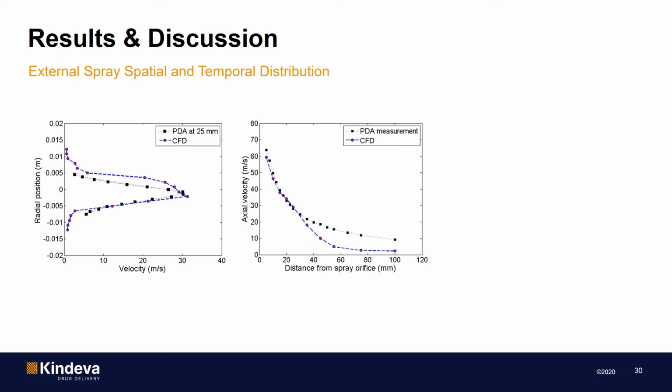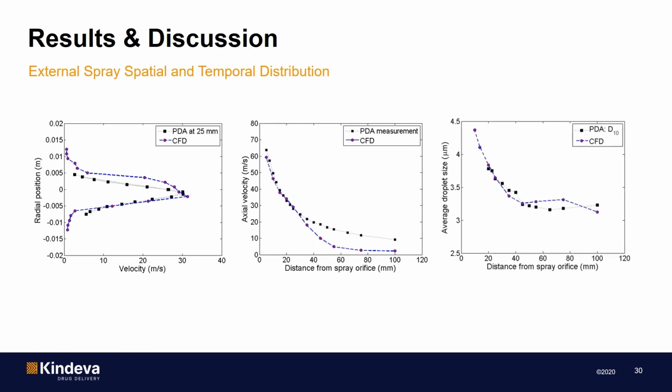From this point onwards, the CFD model predicts a greater deceleration rate compared with the measurement, which is probably due to the wall effects in the induction port. But the agreement is very good in the near orifice regions.